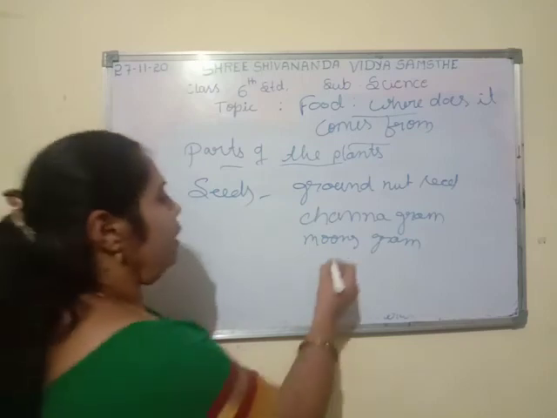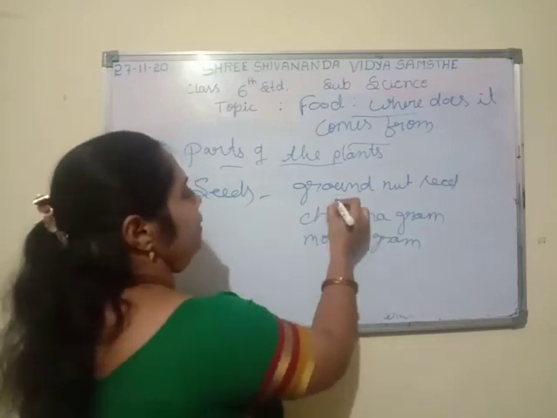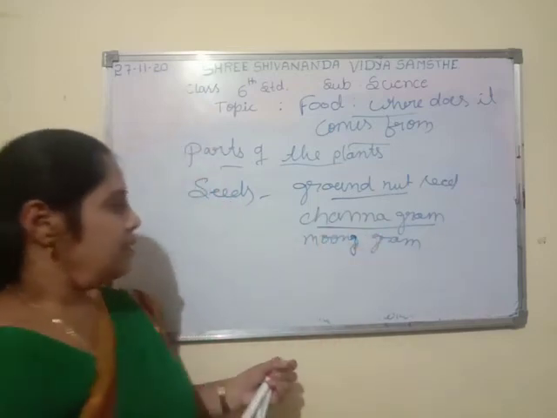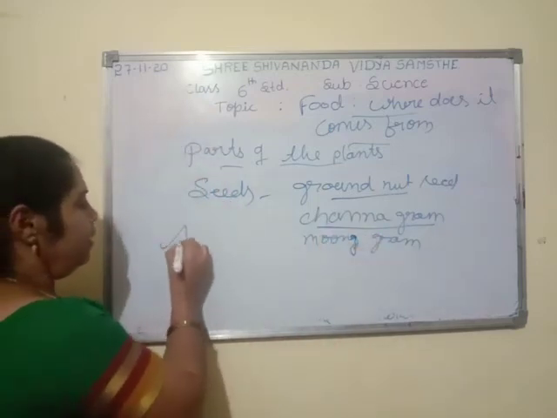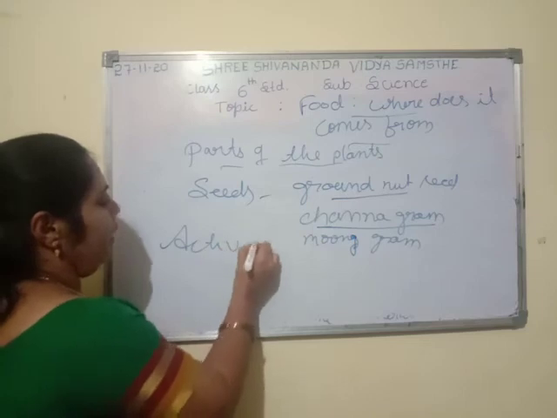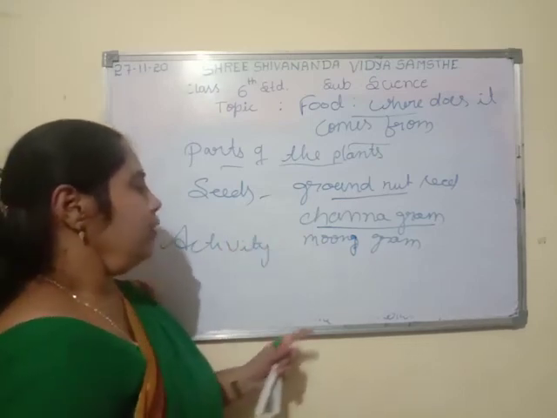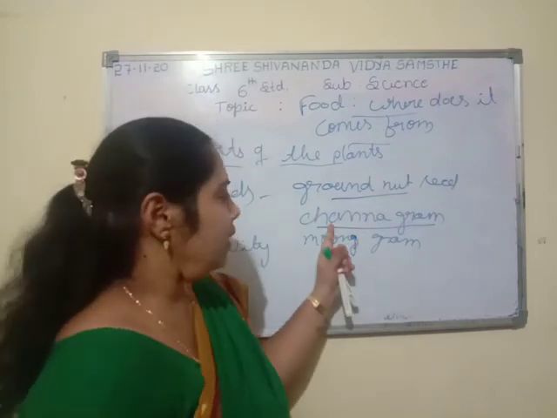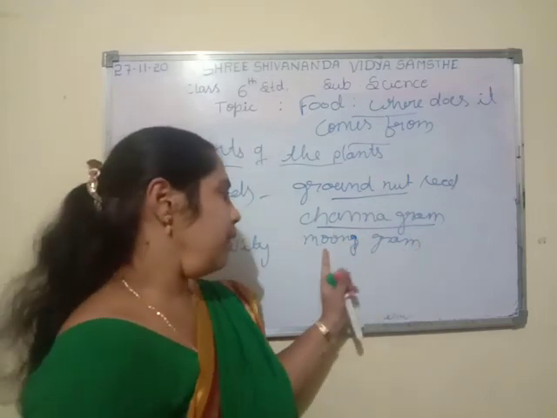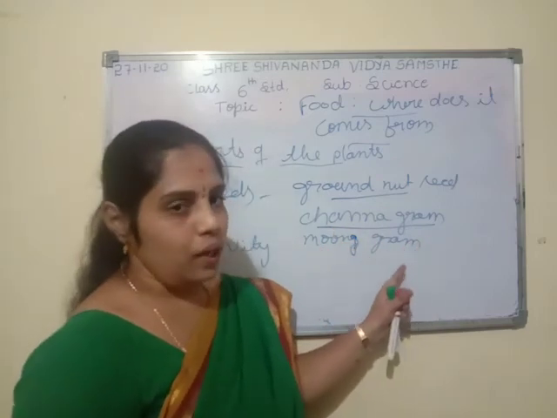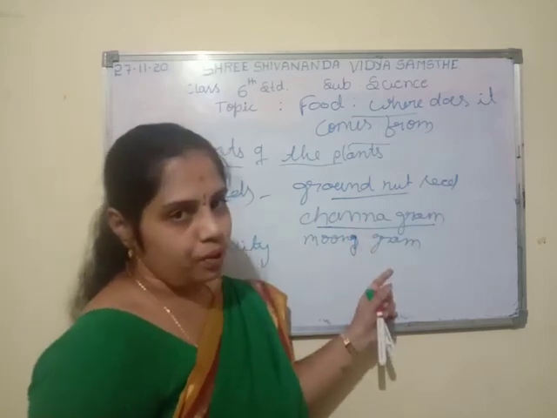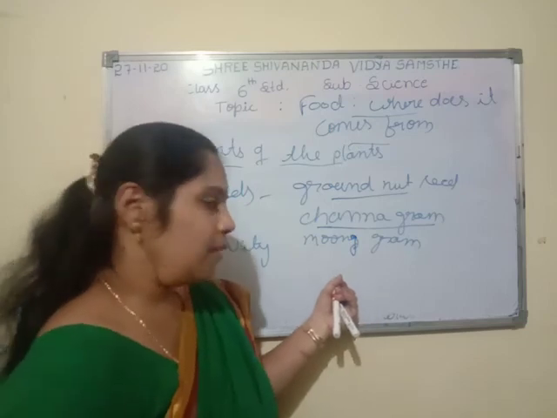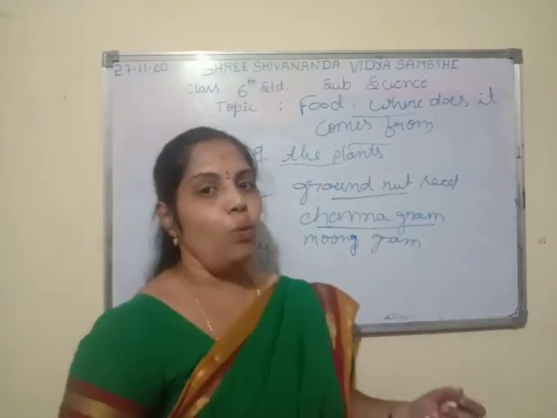Here, for example, if I take groundnut or channa gram, there is an activity in your textbook. In that activity you have to take some channa gram or moong gram. Channa means kadle kalu, and moong means hasiru kalu. You have to take these two grams and, after washing, soak them in water.